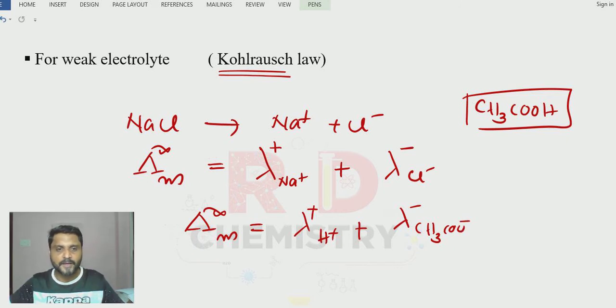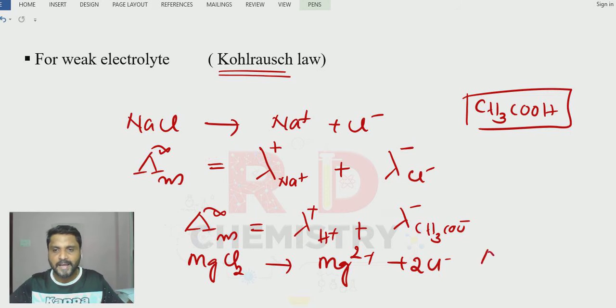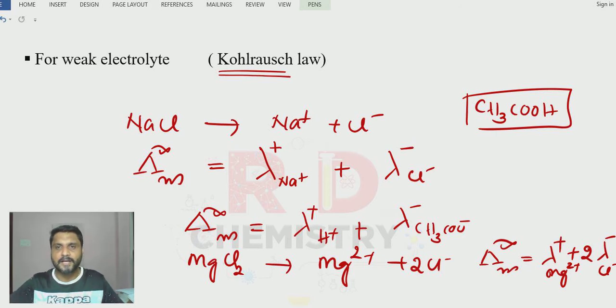Okay, suppose I go for magnesium chloride. Magnesium chloride will give one magnesium ion and two chloride ions, correct? So lambda m infinity would be lambda plus of the Mg2 plus, and there are two chloride ions, so 2 into lambda minus of the Cl minus, correct? Suppose we have an electrolyte of type A x B y.